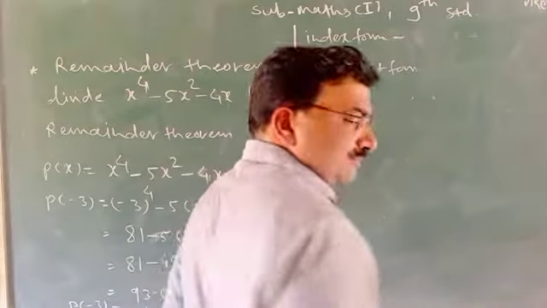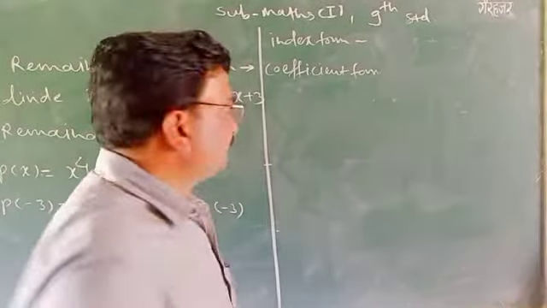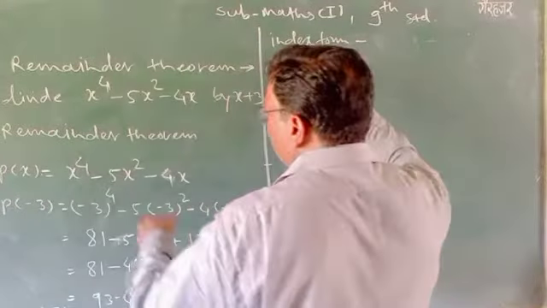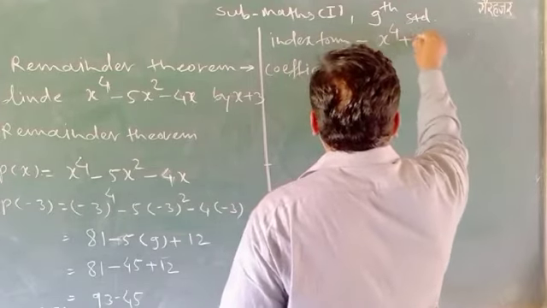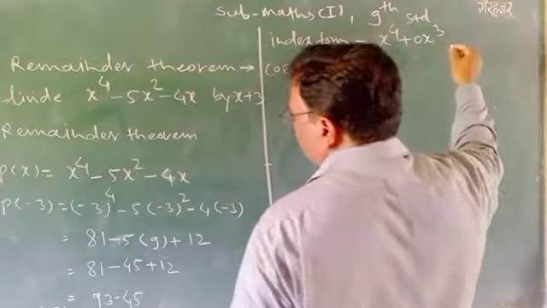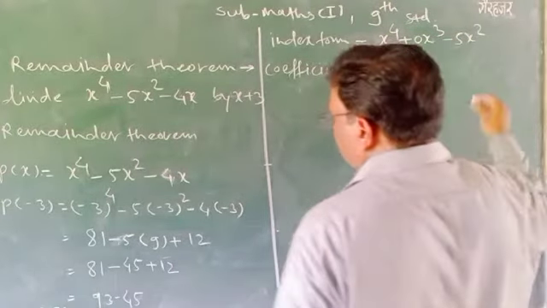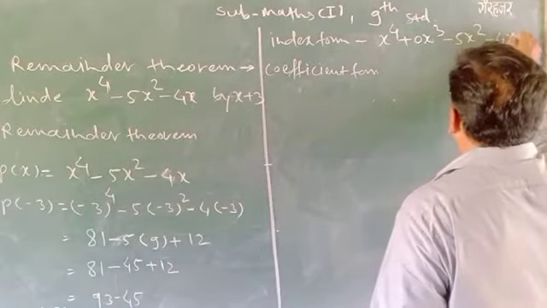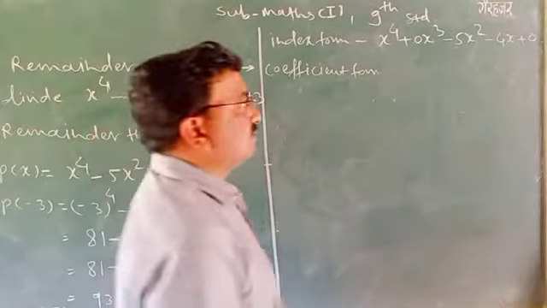Now if we carry out the synthetic division method for the same example, first write down the index form: x raised to 4, then 0x cube minus 5x square minus 4x plus 0. The constant term is 0, there is no constant term.